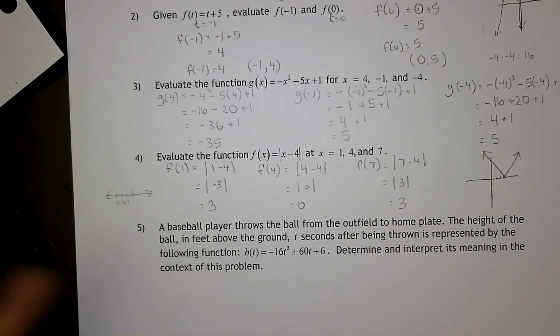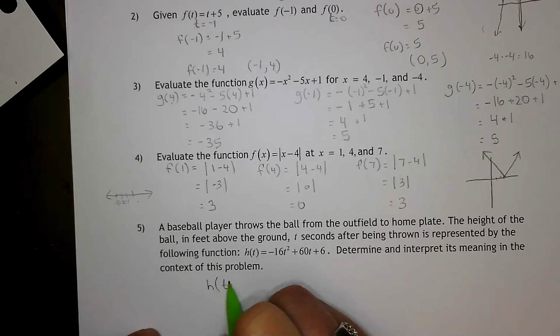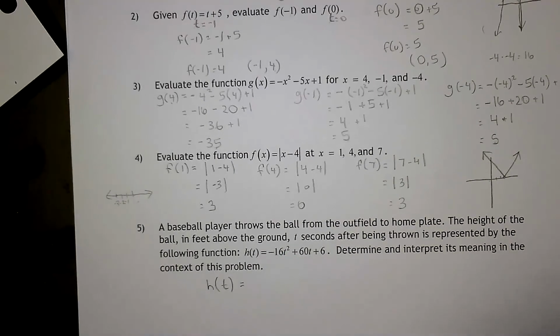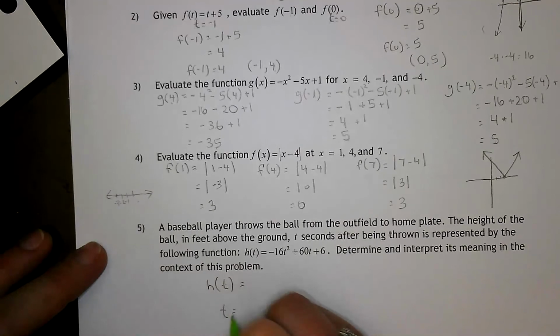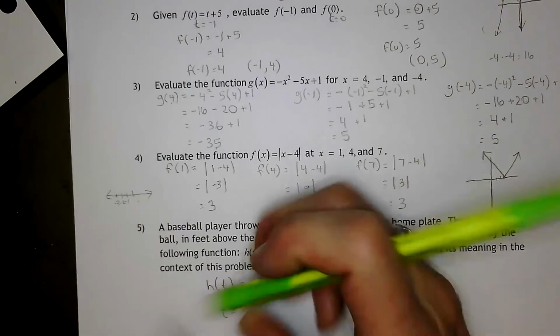So let's figure out what our variables are. So we've got h of t, which is, what are we calculating? What is it that we need to know? Because we know that t is the time in seconds.